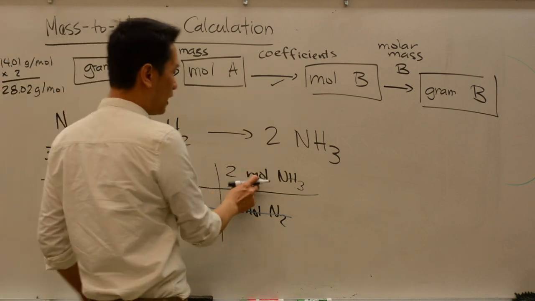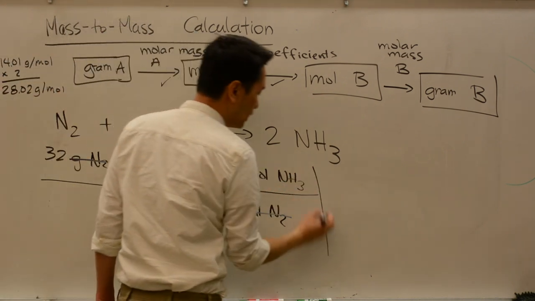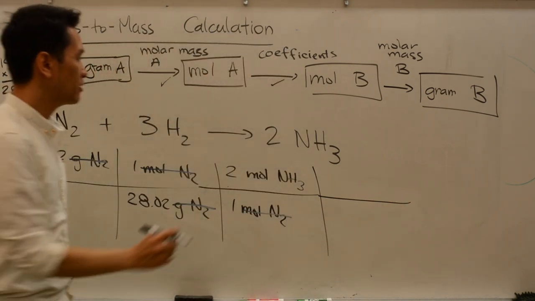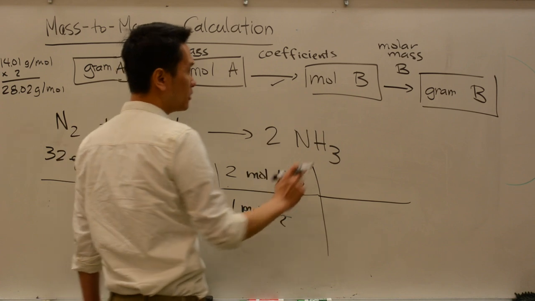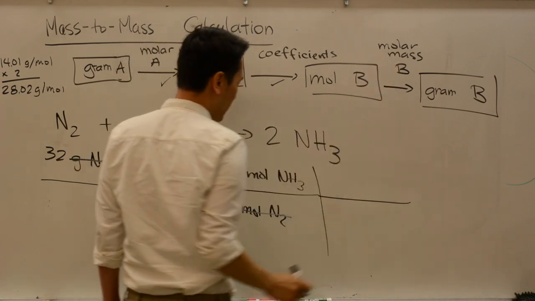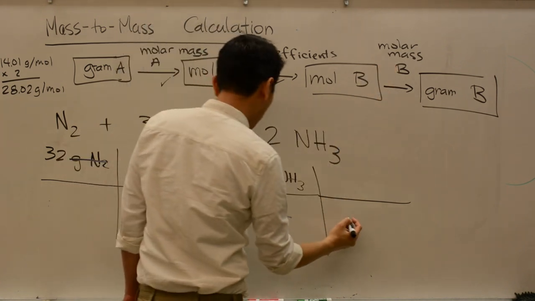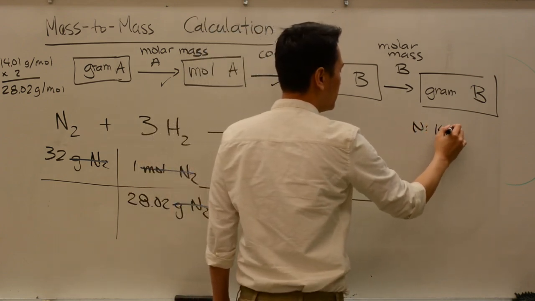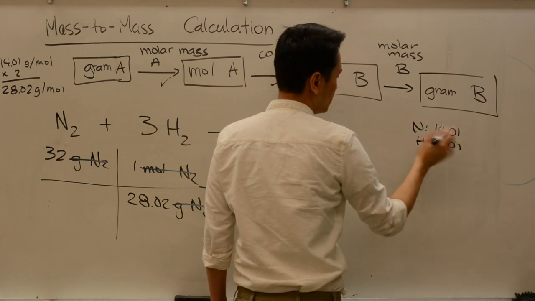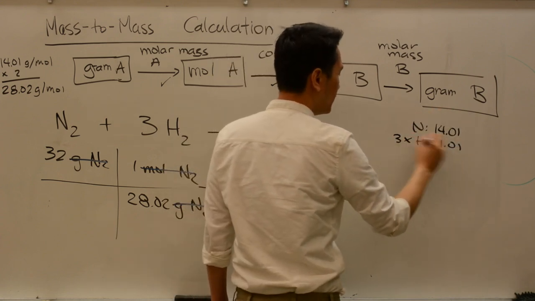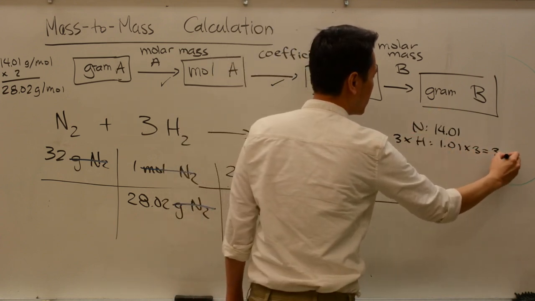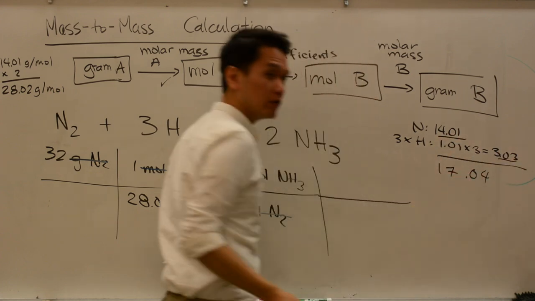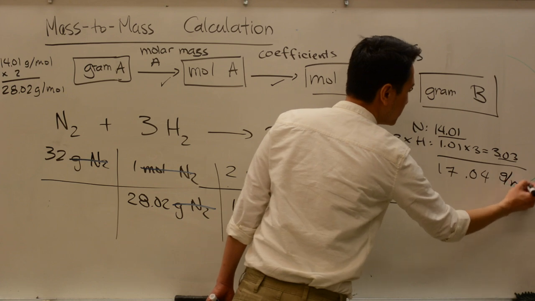Lastly, now we know how many moles we have of ammonia, but that isn't the question. The question is how many grams of ammonia. So we need to relate that by using the molar mass of ammonia. Again, nitrogen is 14.01, hydrogen is 1.01, roughly I'm rounding to 1.00. There's 3 of that, times that by 3, that's 3.03. Adding these 2 numbers, you get 17.04 grams per mole.